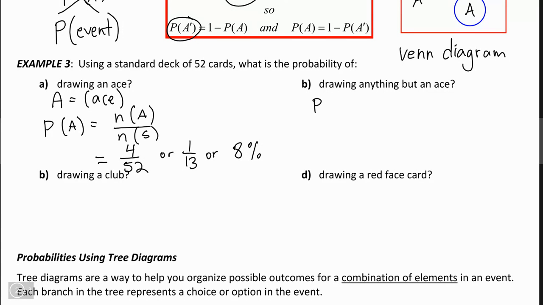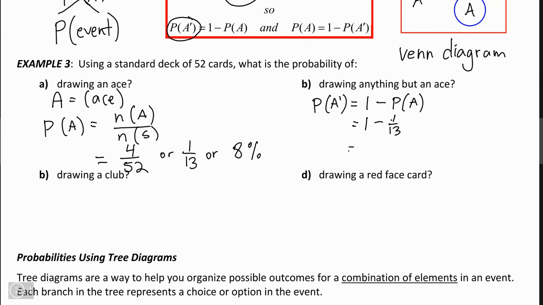What about not drawing an ace for part B? So now we're looking for the complementary event: any other outcome except drawing an ace. So P of A prime is 1 minus the probability of drawing an ace. So I'm going to do 1 minus 1 over 13.